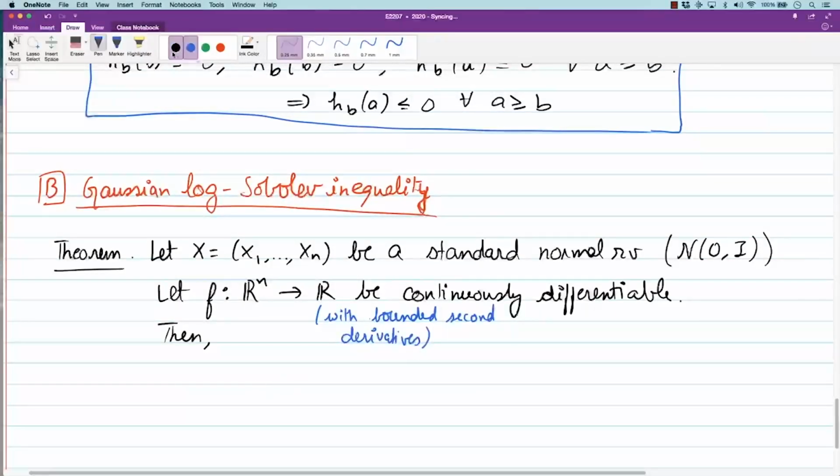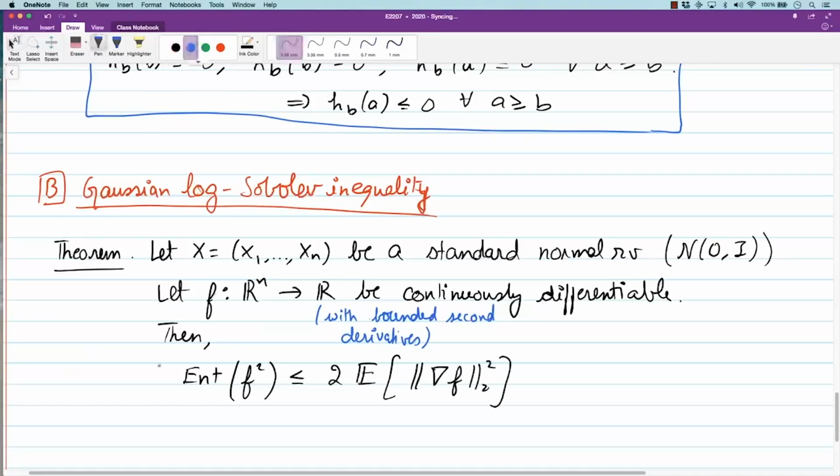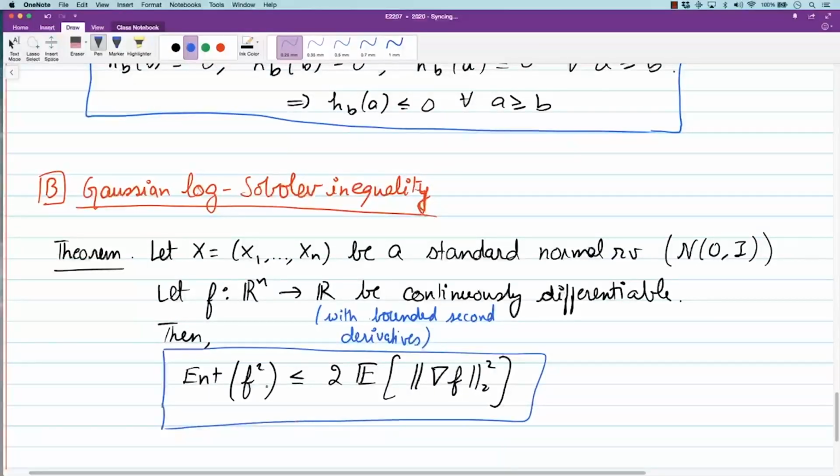I think that may still be needed because we need a Taylor series approximation in the middle. But then the claim is that the entropy of f square is less than or equal to 2 times the expected value of the squared norm of the gradient of f. This is very similar to the Gaussian Poincare inequality, except that variance has been replaced by entropy.